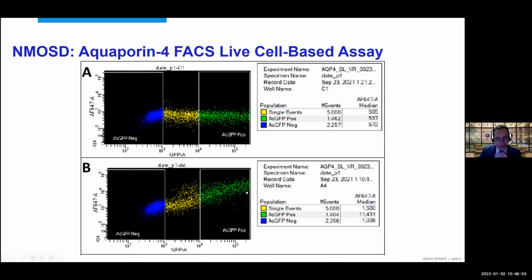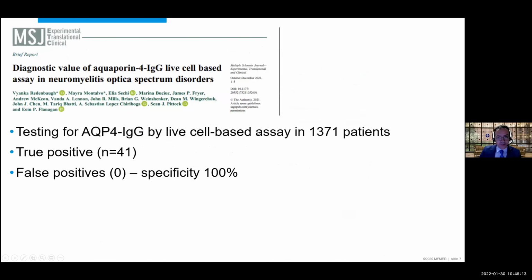And really this live cell-based assay gives us the best results here at Mayo, and this is what we've been using in collaboration with the Sri Lanka samples to analyze those. And recently we did a study just looking at our assay over the course of a couple of years in 1,371 patients. These were all Mayo Clinic patients, and we looked at all the positive samples.